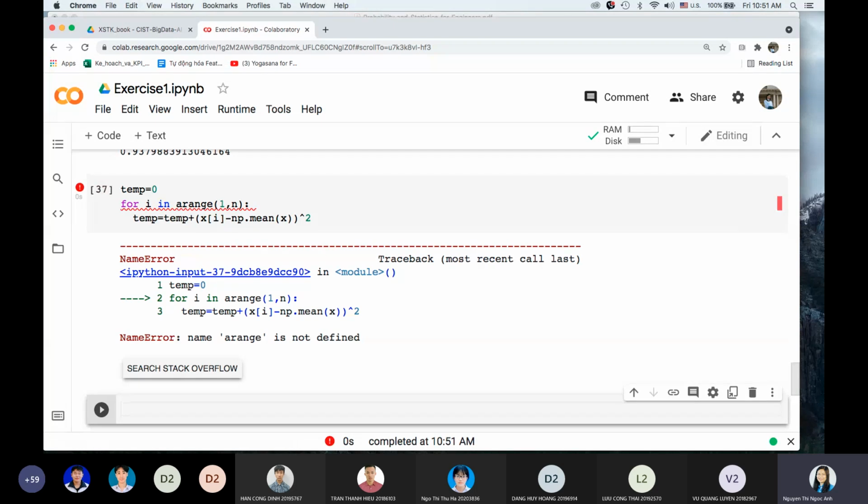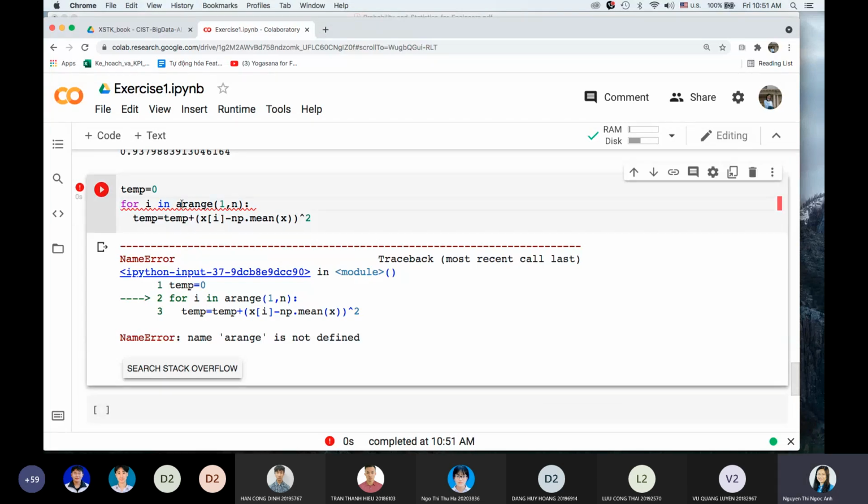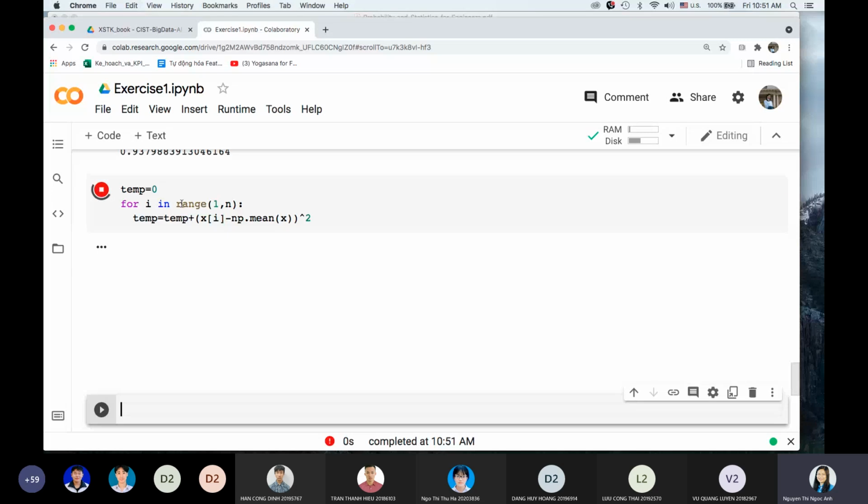Let us check it. What is the range? Is it wrong here? Range, not rank. That's not true.